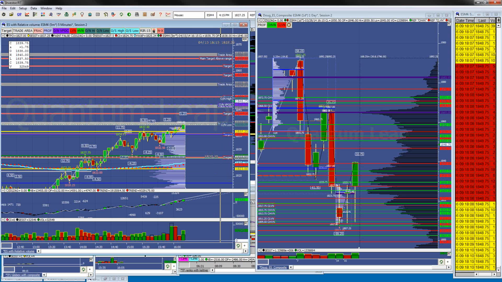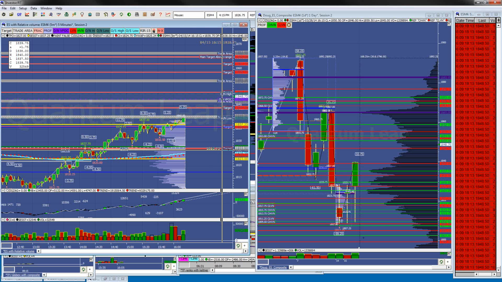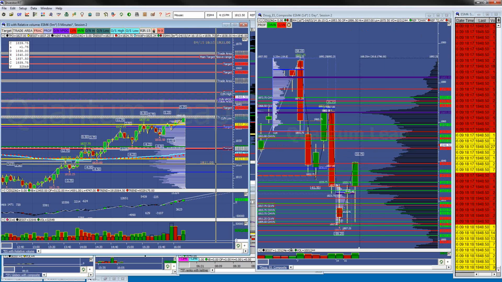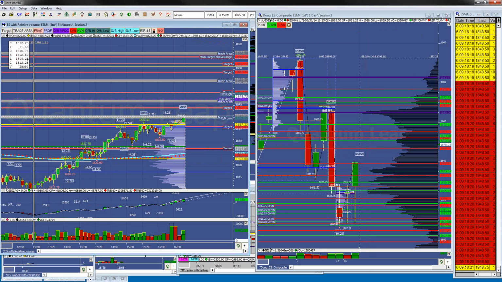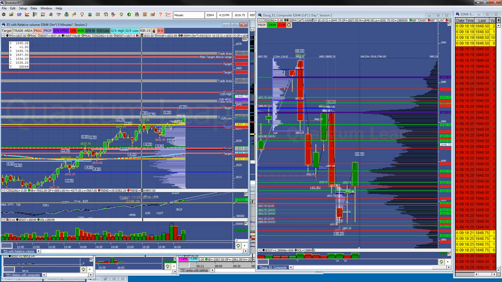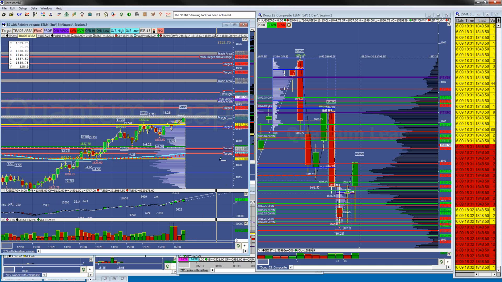But it's really 27 that's going to be your big target below. And then below that, you've got the 25.25 CHVN right here. And then a big line in the sand is going to be that 21.25.